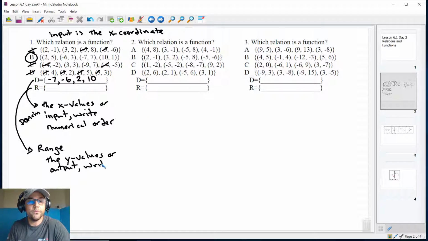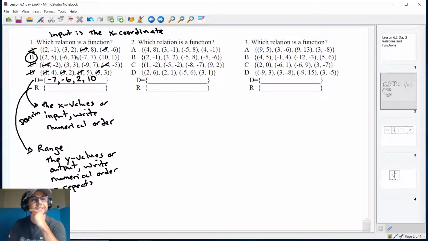Write numerical order, no repeats. And you'll see what that means in just a moment. On this one, if I look at my y values, or my outputs, or the range, I've got 5, 3, 7, 1, or 1, 3, 5, 7. So there were no repeats at all on the range, so I didn't have to worry about it. But on other problems, there will be.